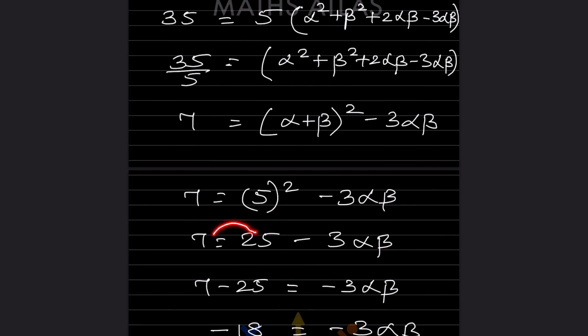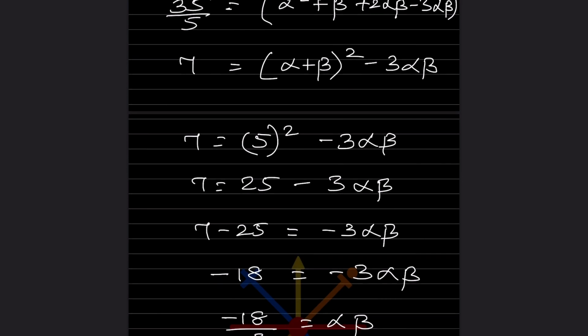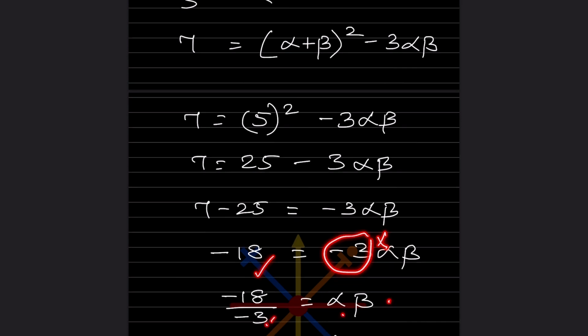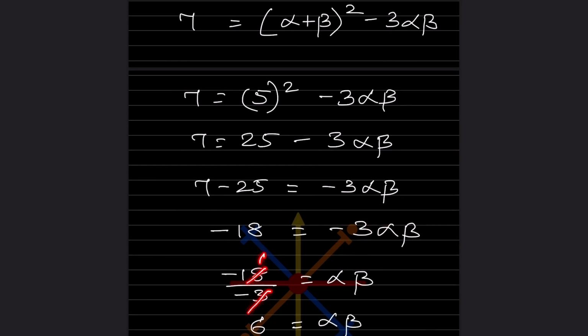Now this will go here, that will be 7 minus 25, which is minus 18, equals minus 3 alpha beta. So minus 18 by minus 3 is going to be alpha beta. When you rearrange this one, 6 is going to be alpha beta. Hope you got this one. When you divide 18 by 3, that is going to be 6. And yes, minus minus becomes plus.